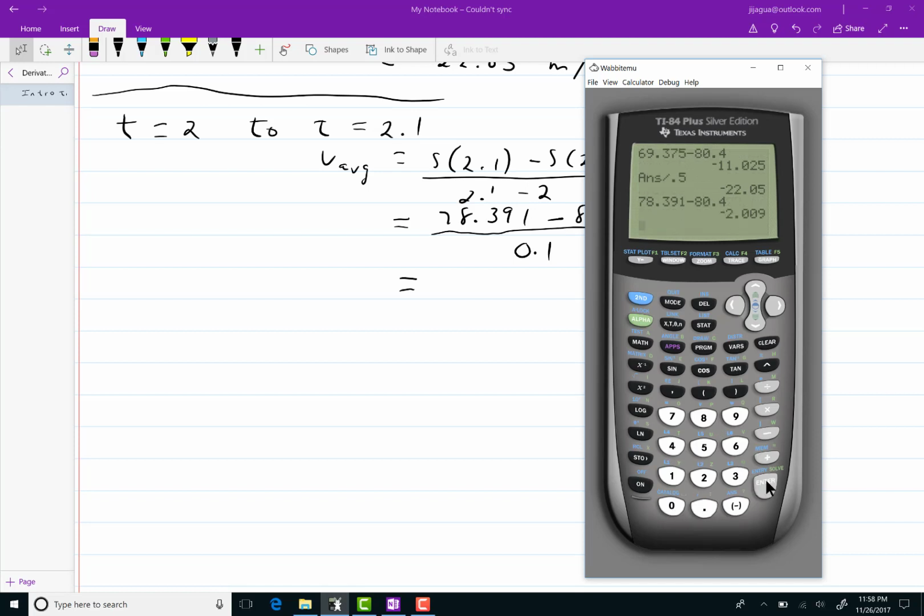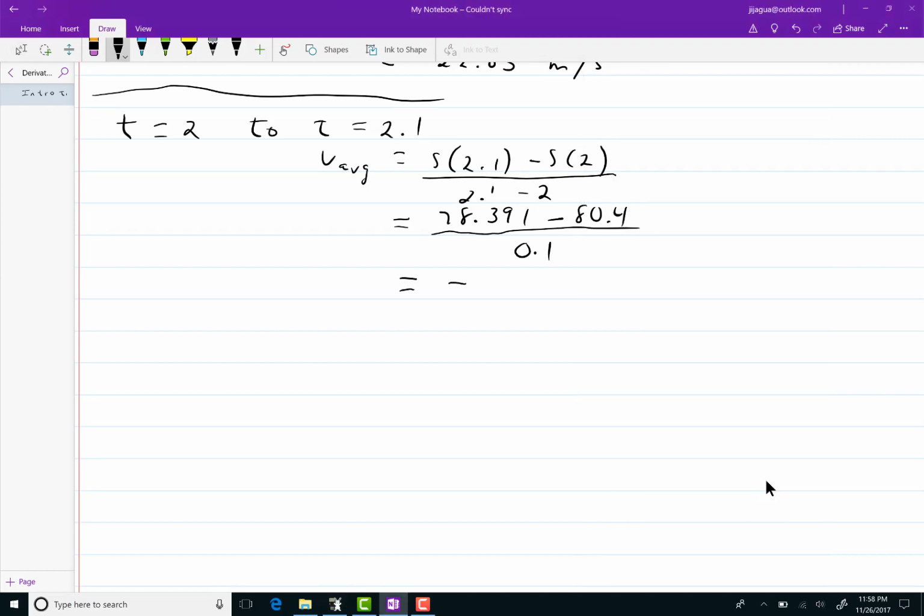That's negative 2.009. I don't need the calculator for this next step. You ought to remember this yourself. This is negative 20.09 meters per second.